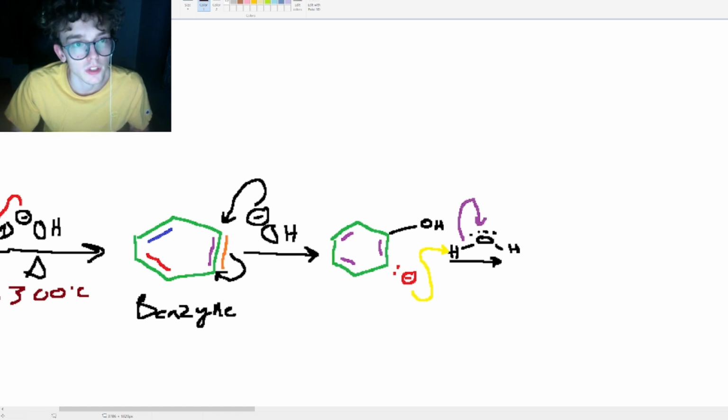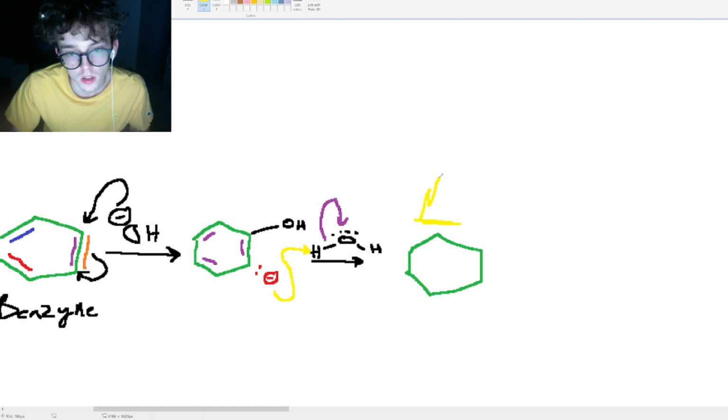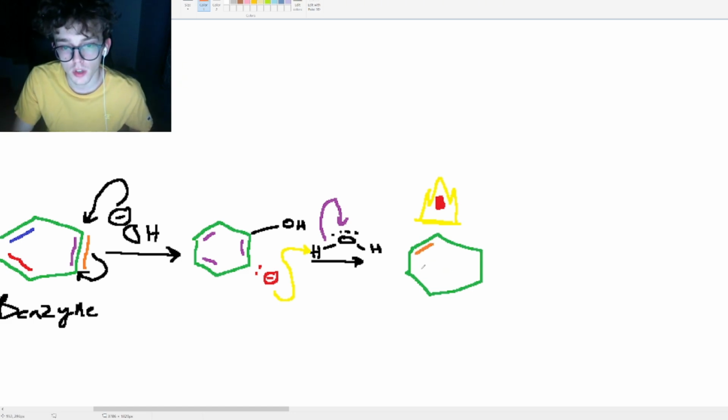Superheroes everywhere on this screen, guys. And then we get our final wonderful product. I'll draw it with a crown on its head and give it a big ruby gem in the middle. It's a beautiful molecule, no electron withdrawing groups on it. We have our final wonderful product, phenol.